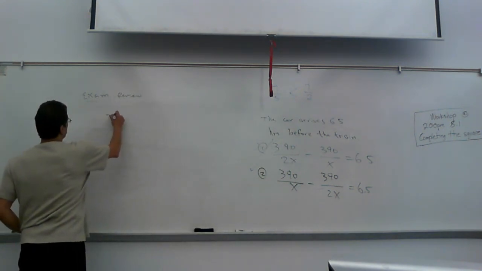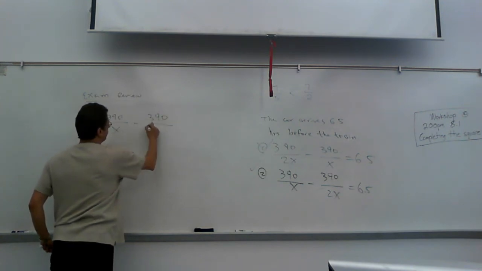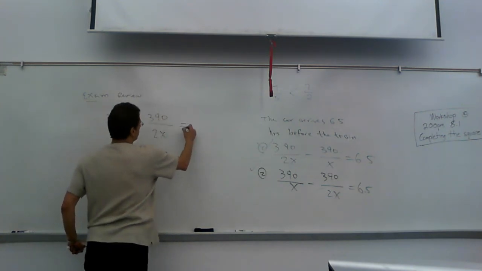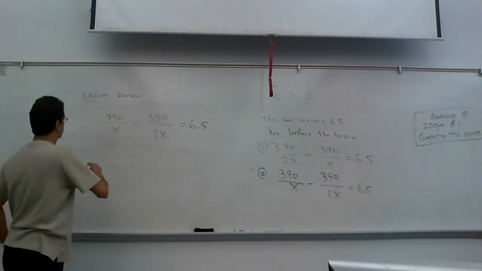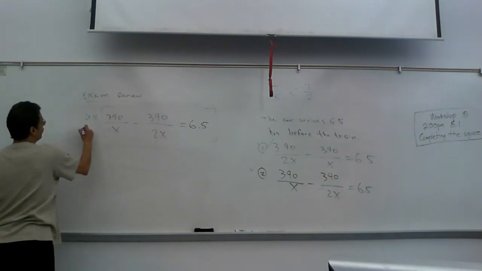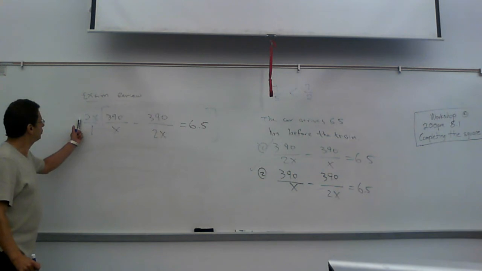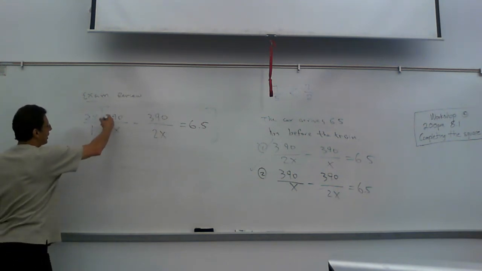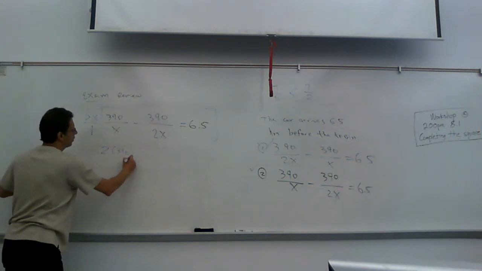So 390 over x minus 390 over 2x is equal to 6.5. So what is the LCD, everybody? 2x. So I'm going to multiply by 2x. If it helps, I'm going to write 2x over 1. So 2x over 1 times 2. Do you see the x cancel out? You get 2 times 390, yes or no? Yes.